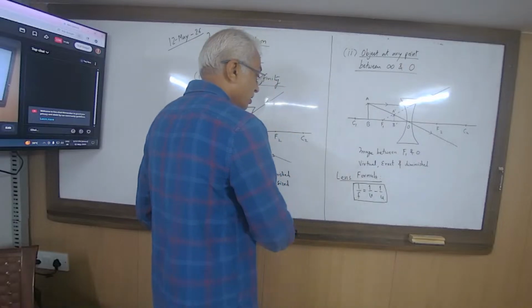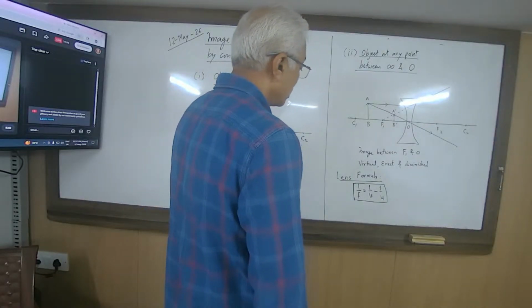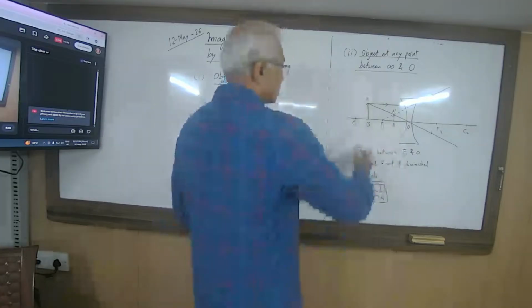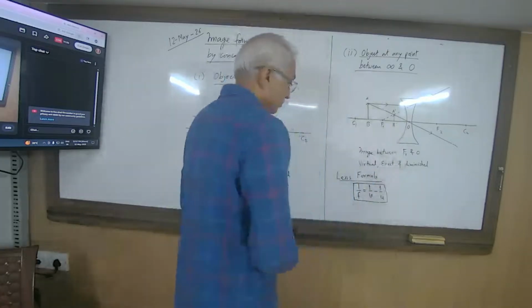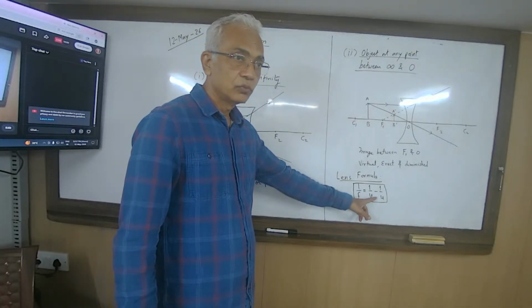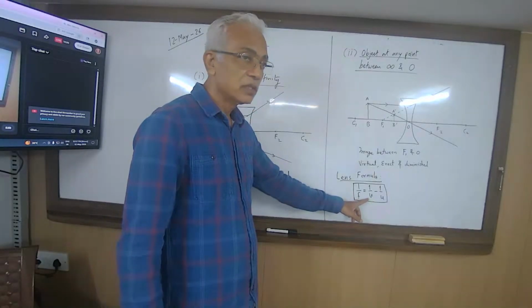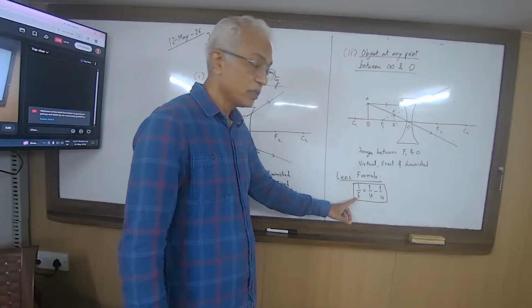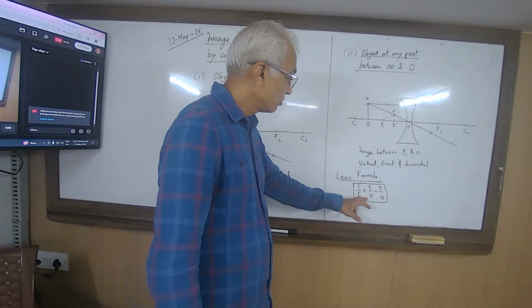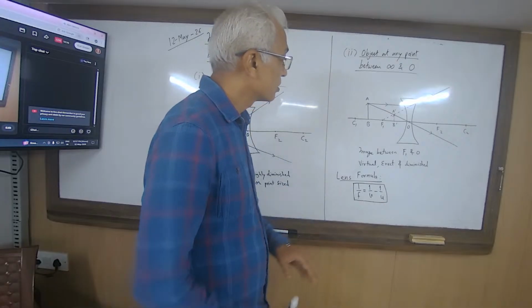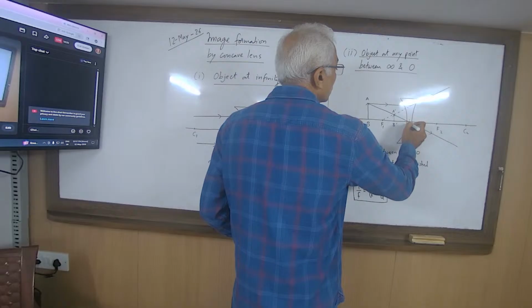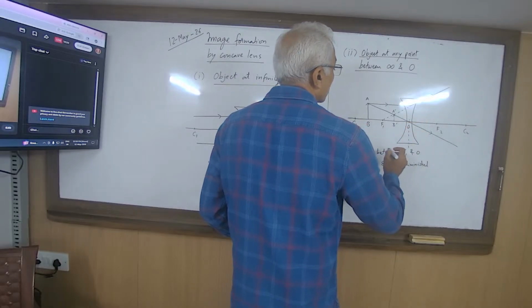So what is the object distance? Let us understand this. U is the object distance, v is image distance, f is focal length. All the distances are measured from the optical center.